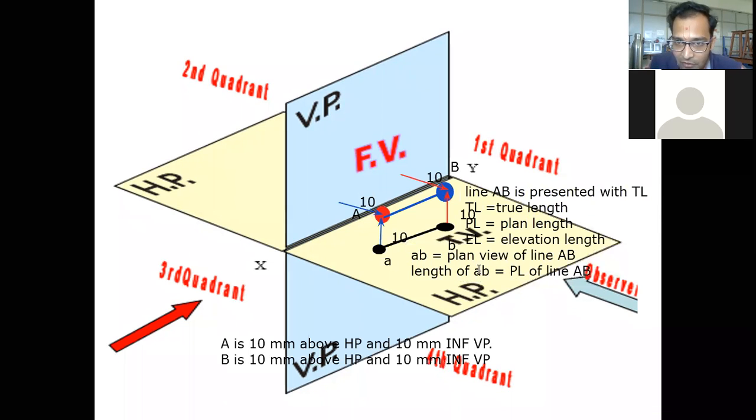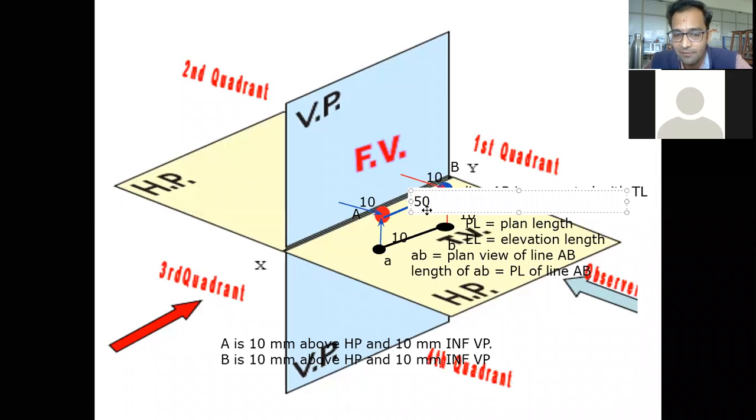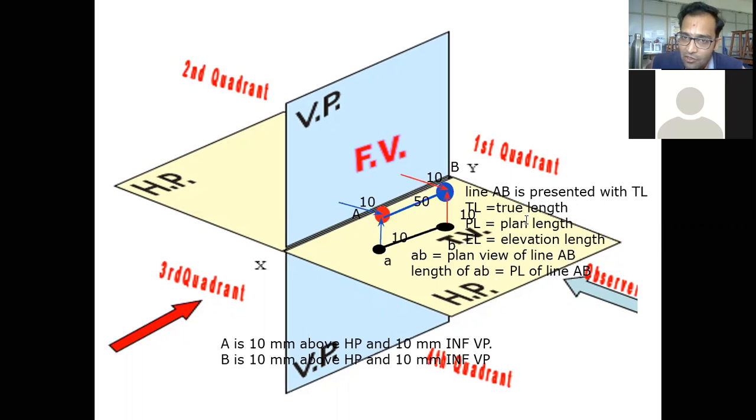I hope you are able to understand the narration. What I am exactly saying? Line AB is having certain length. If I am saying it is having length of 50 mm, line AB is having length of about 50 mm.